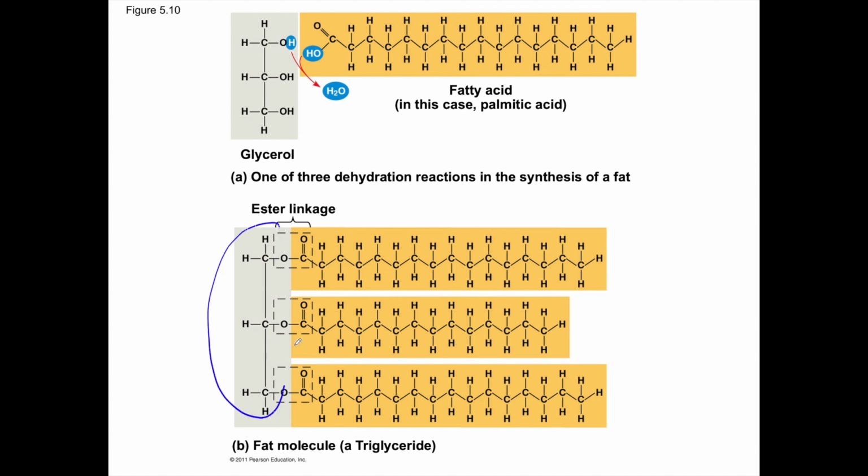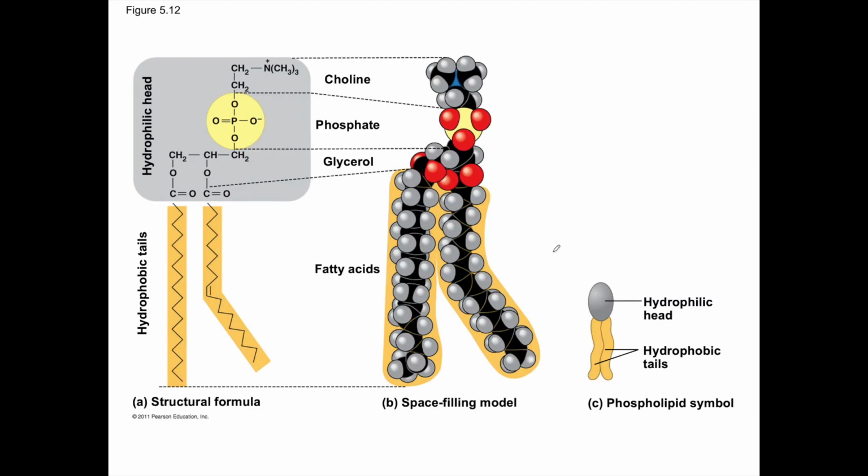It's built out of glycerol and two fatty acid tails. In place of the third tail, you have a phosphate group. Don't worry about this for this course. So that's a phospholipid.